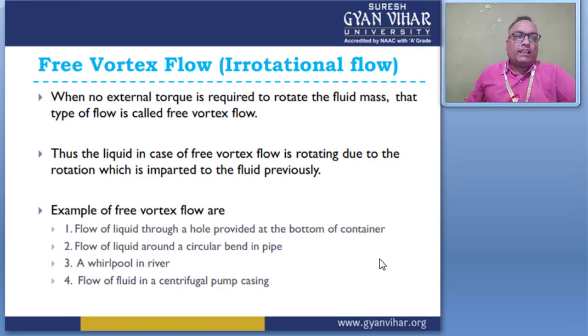And flow of liquid around a circular bent pipe. If any sudden 90 degree or 60 degree bend is required in the pipe, then in this case some low pressure regions are created at the bending section.